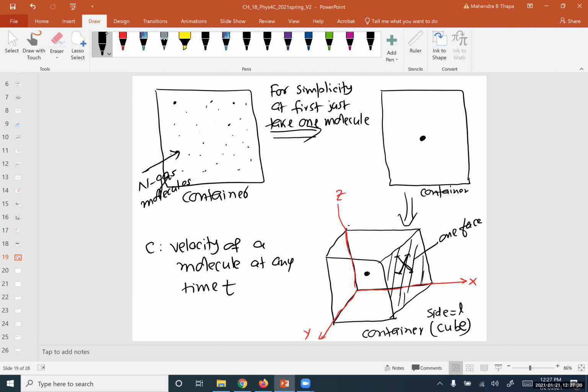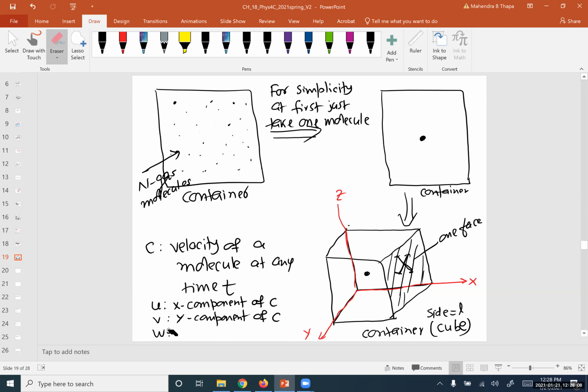Say for example, u is the x component of c. I can take v as the y component of c, and w is the z component.